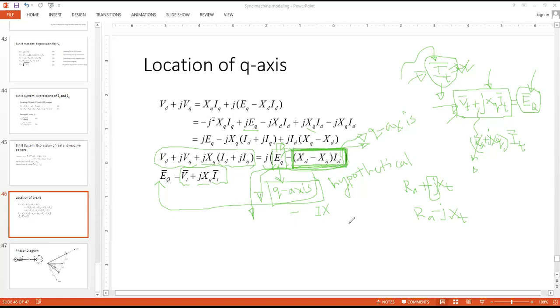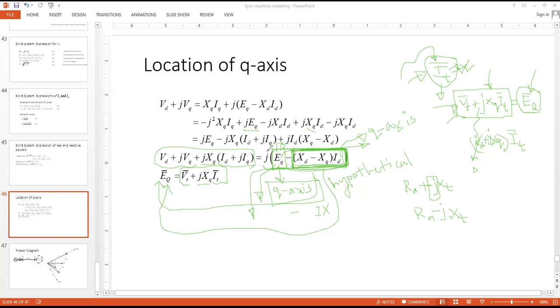If they had any phase shift, then you would expect some J inside, J or J square. Because they don't have anything, both of these two should lie along the q-axis. So they will combine and give me some other voltage, and that should also be along the q-axis.